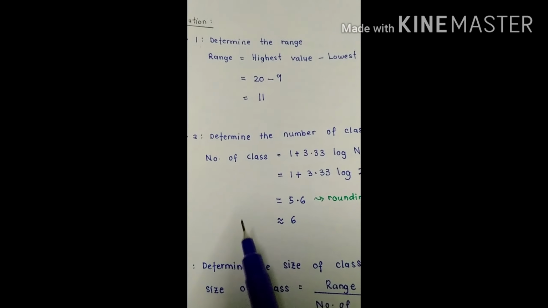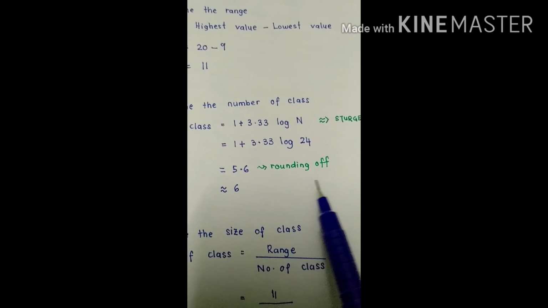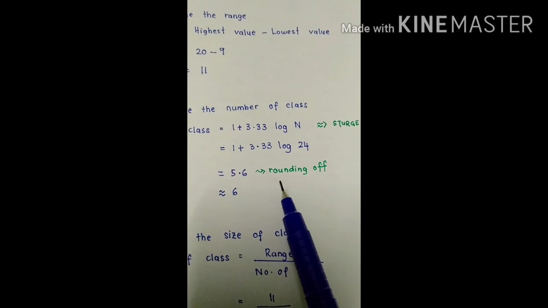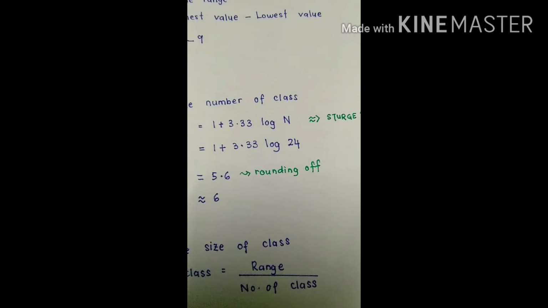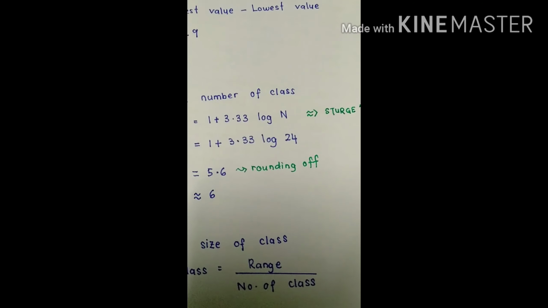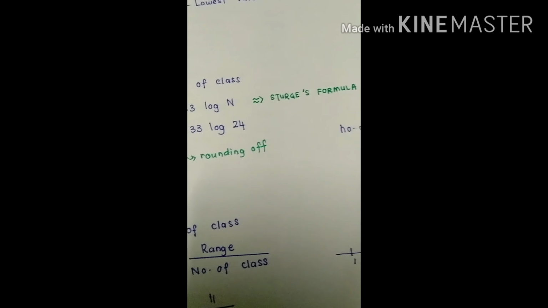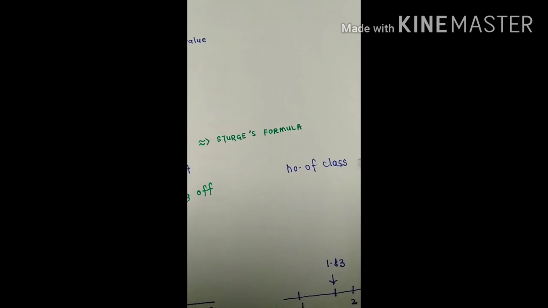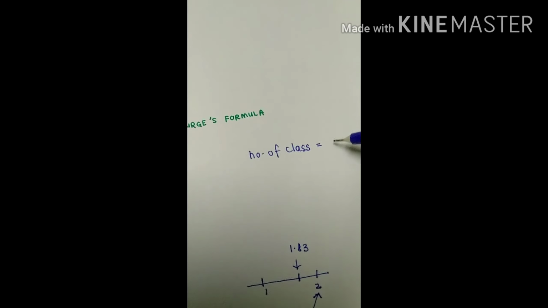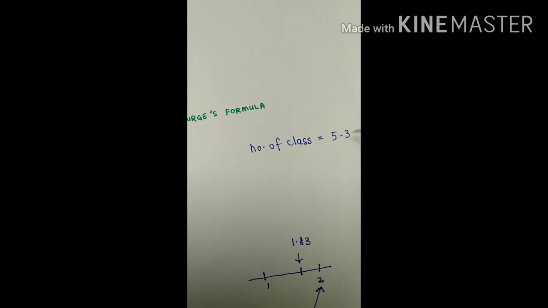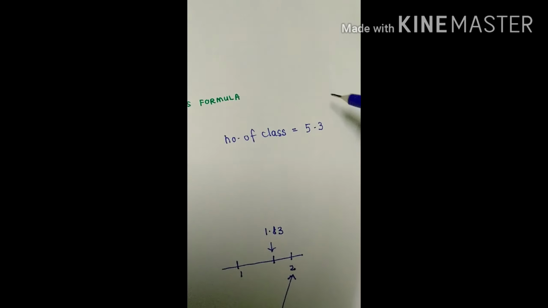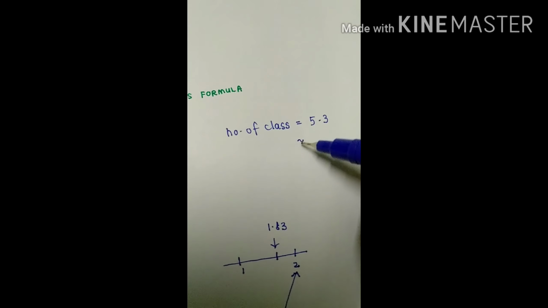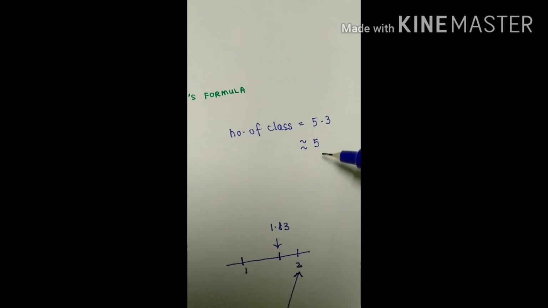So I repeat, for the number of classes, you round off the number. For example, if you calculate and get 5.3, then rounding 5.3 gives 5.